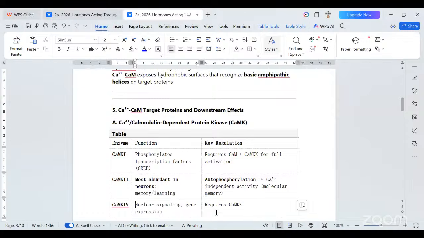You have CaMKI, II, and IV. The II is most abundant in neurons and the memory and learning part of the brain. CaMKII phosphorylates transcription factor CREB.